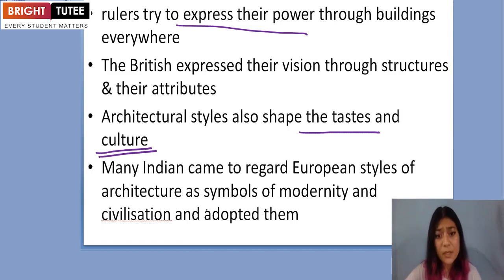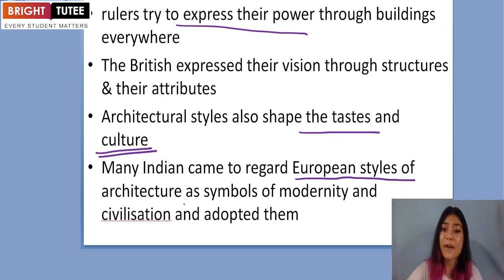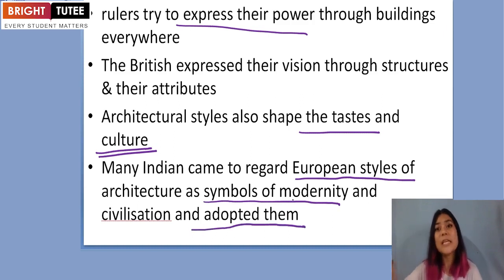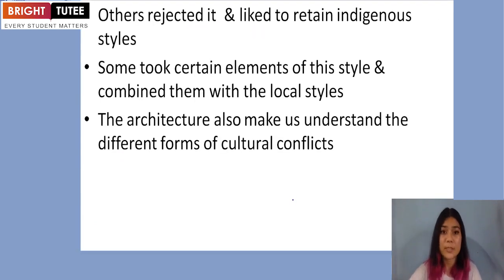There were many Indians who came to regard European styles of architecture as symbols of modernity and civilization and adopted them. Many Indians liked the European styles of architecture. They considered them a symbol of modernity, adopted them, and were influenced by them.